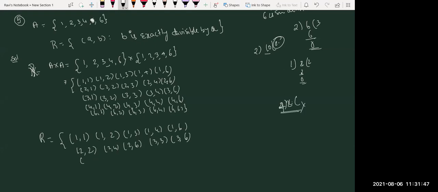No, 2 is divisible by 4 is not correct. So 4 comma 2 is not possible. 4 comma 4 is possible or not? Yes, sir. 4 comma 6 is not possible. 6 comma 2 also not possible. 6 comma 6 only will be possible.